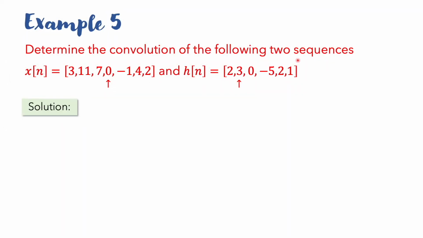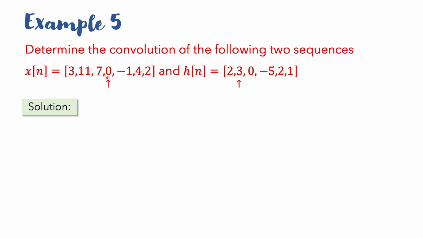Determine the convolution of two sequences xn and hn. This is also a discrete time sequence, and you have to perform it in one of the ways that you have seen before. It's up to you how you would like to do it. Just notice that this arrow shows the sample at position 0.